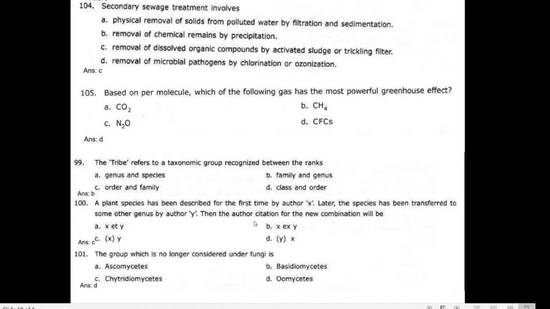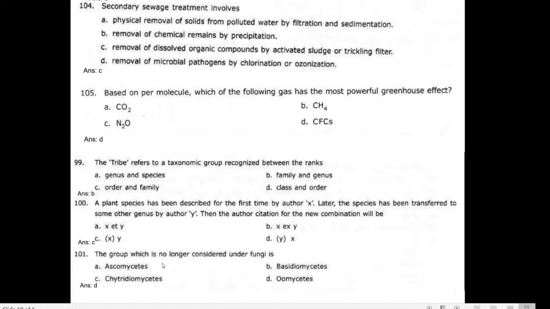How do we denote the author citation for a new combination? First, author X comes in brackets, with the species and genus name. Next we put author Y.